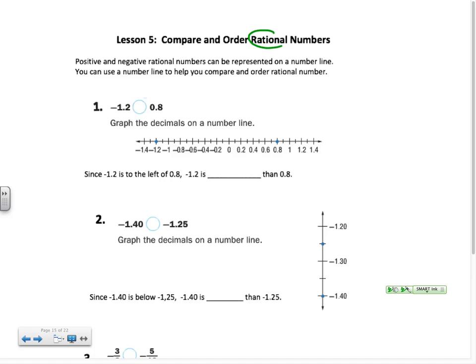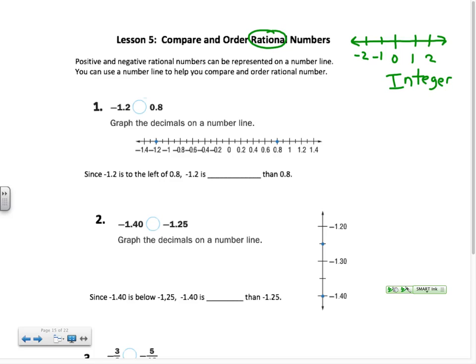Remember what rational numbers are. They are those numbers on our number line that include fractions and decimals. So we have been looking at integers, and if I were to draw a number line up here, I just want to remind you we have positive numbers on the right of 0, negative numbers to the left of 0, and all those are called integers.